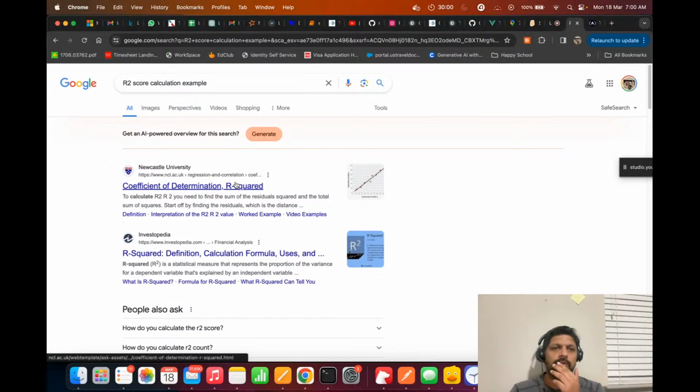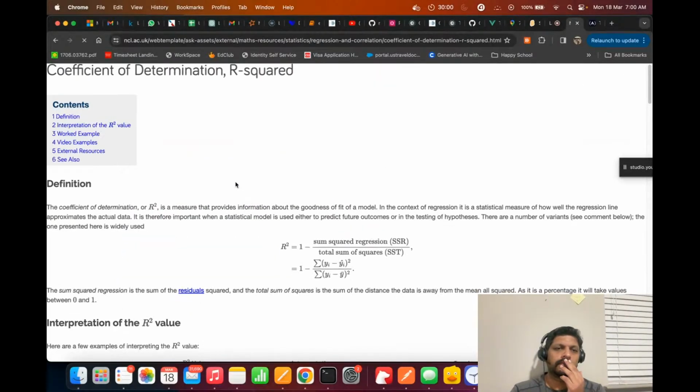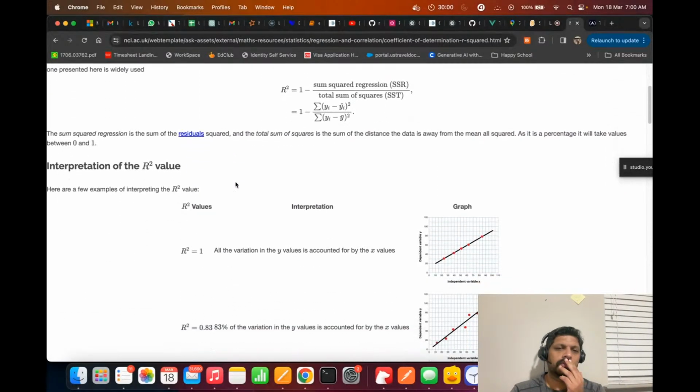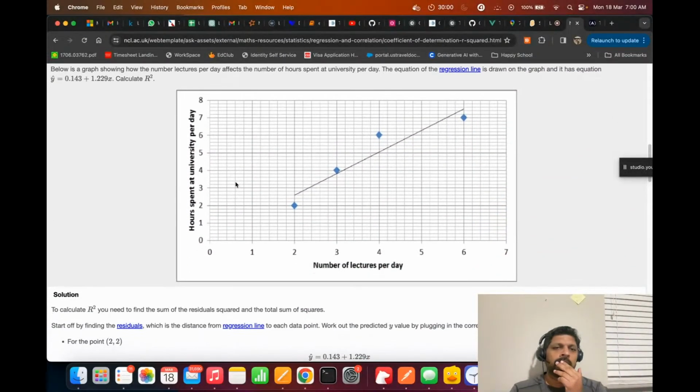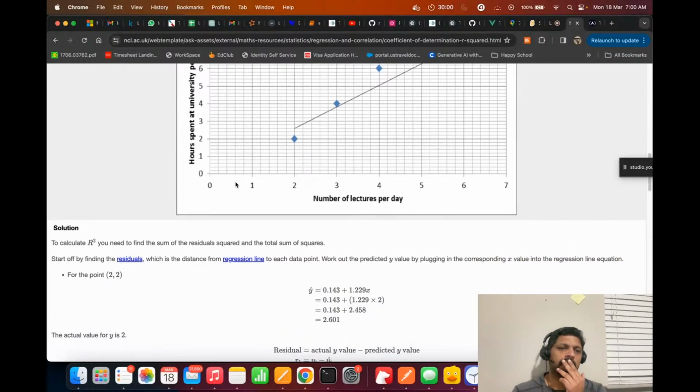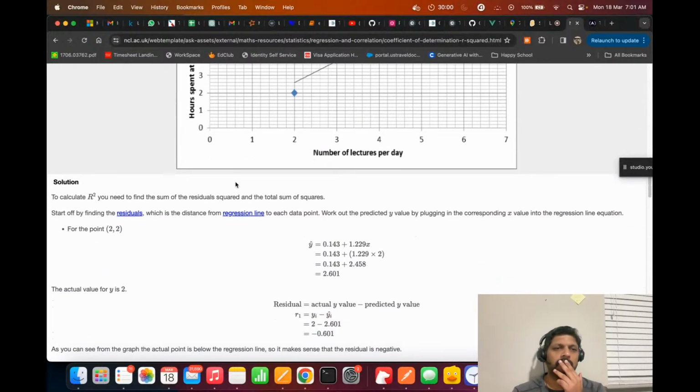Coefficient of determination, R square. Start with finding residuals. Find the predicted y value at each point by plugging in the corresponding x value into the equation. Okay.